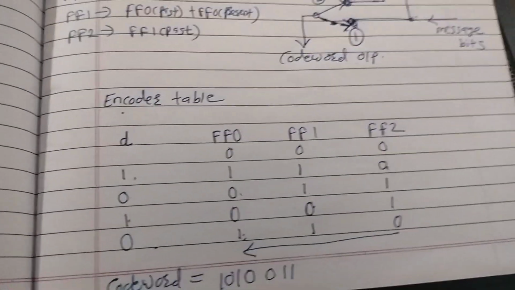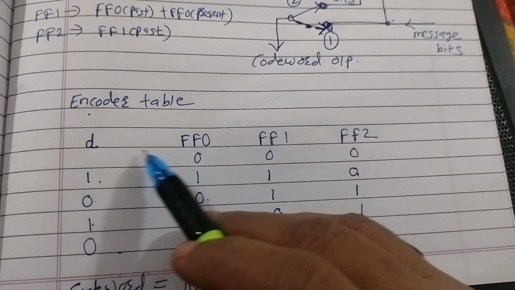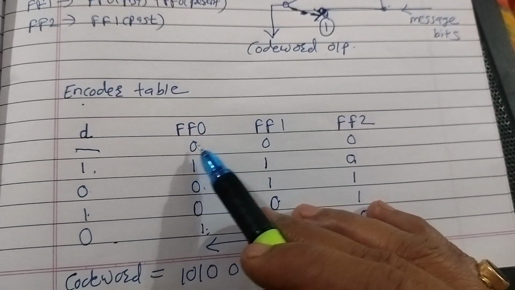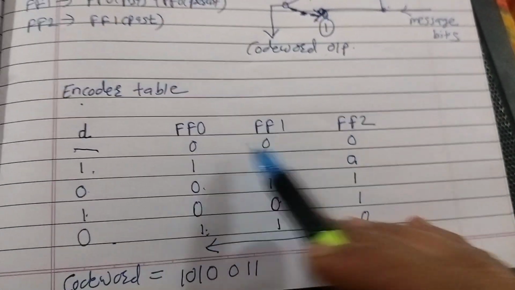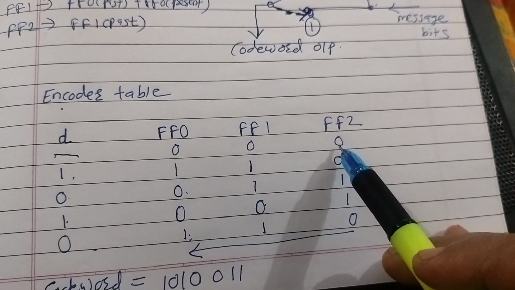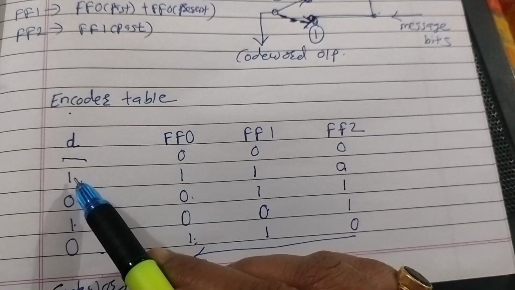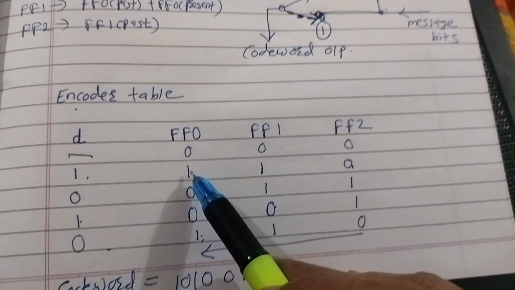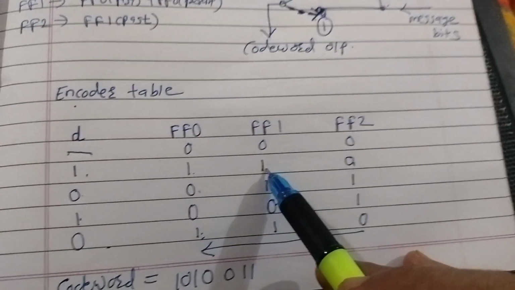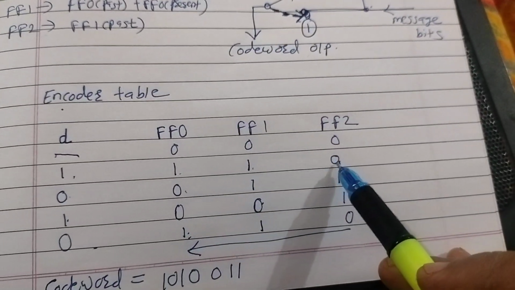For example, once again we will see. Initially when there is no input, then flip flop 0, flip flop 1, flip flop 2 is 000. After that you have to take this 0 and data 1. So 0 plus 1, write here 1. Then 0 plus 1, write 1 here. Then this 0 will appear here.